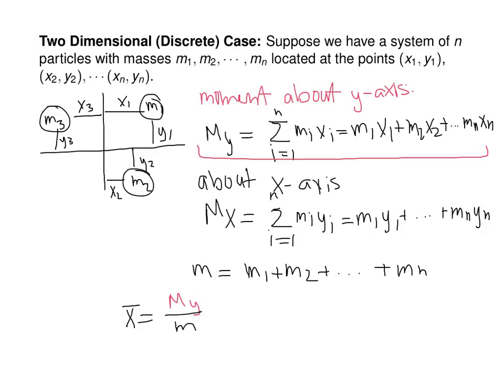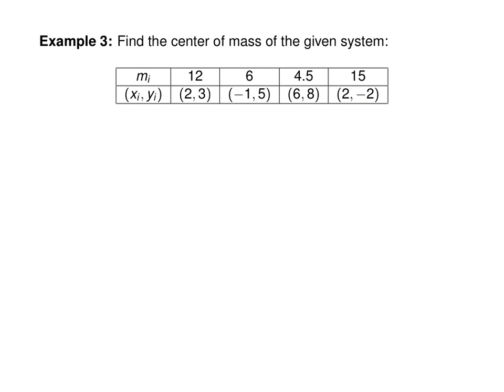And y bar, similarly, is given by the moment Mx over m. So let's apply that to this system. So first, we know that x bar is equal to My over m, and y bar is equal to Mx over m.